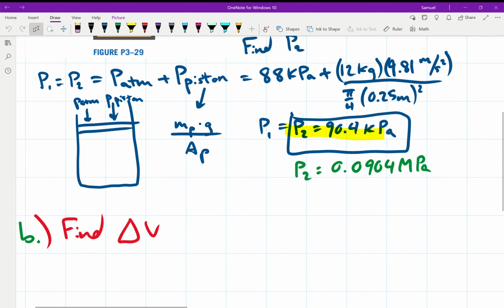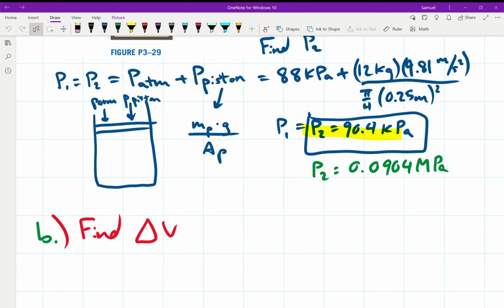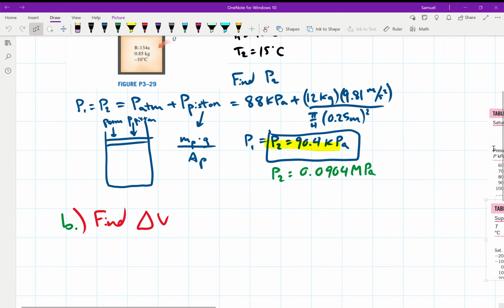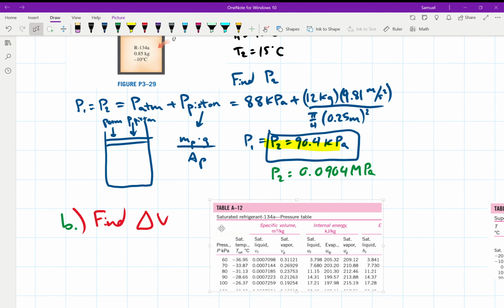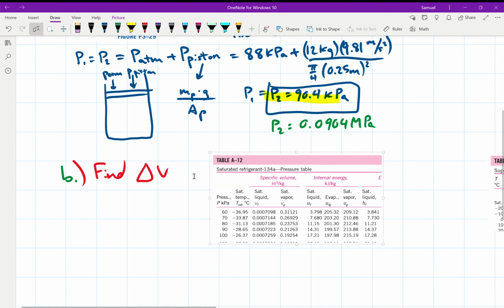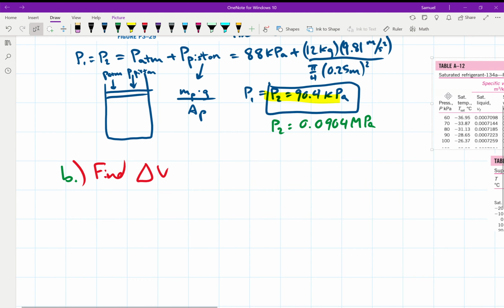Before we can go after this, we need to make a decision about whether this material is saturated or superheated. And we can make that decision using table A12. Sorry, we're not on to table A12 yet. Let me come back to that in just a second.